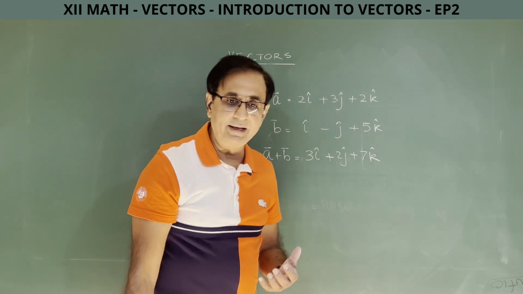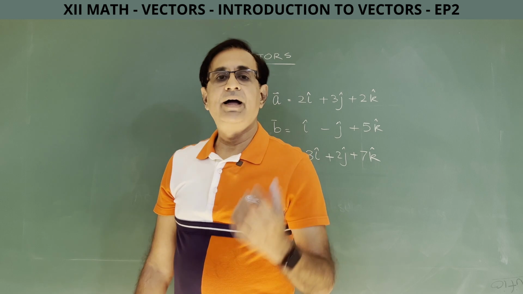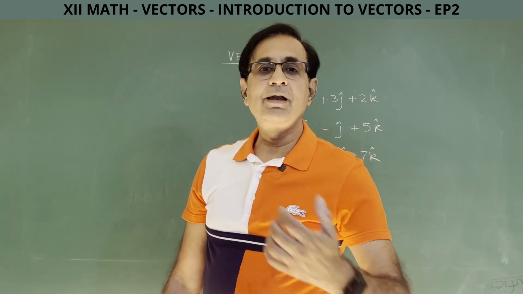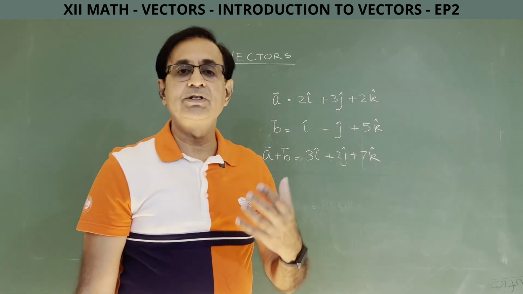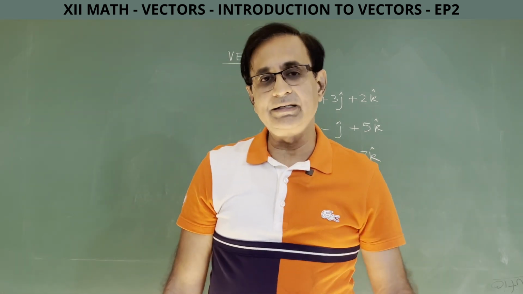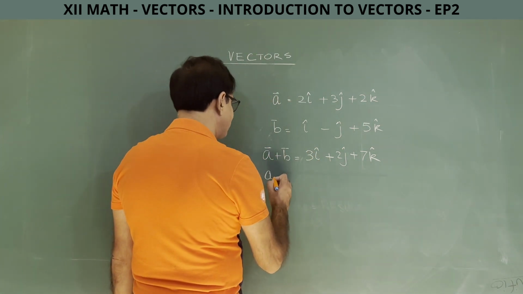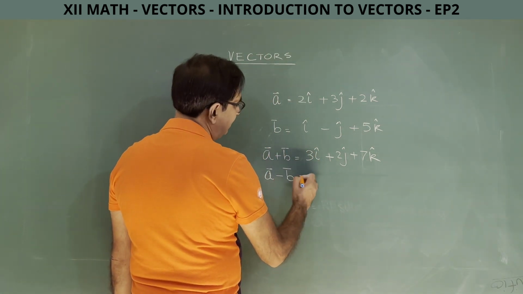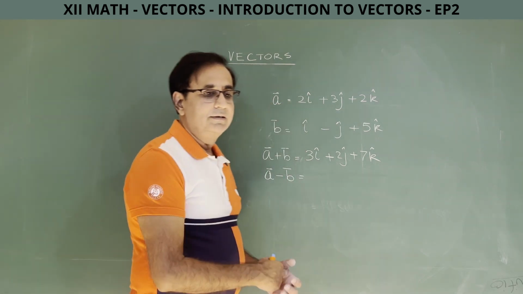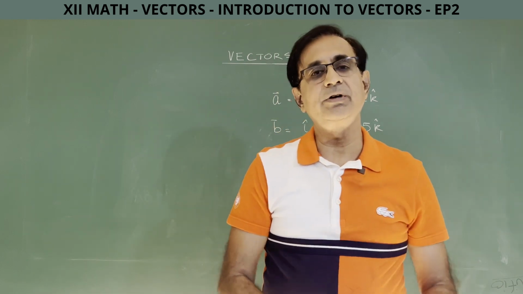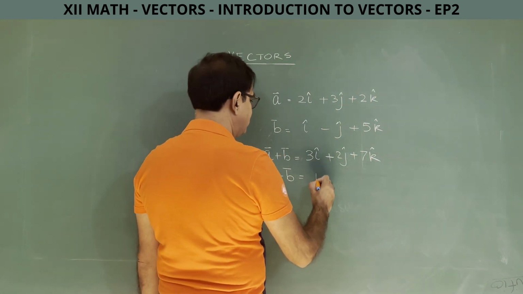You will be wondering why we are doing triangle law and parallelogram law of addition when adding two vectors is so obvious, it comes by itself even if nobody tells you. Similarly, if I ask what will be a minus b, every child will give me the right answer even without knowing the triangle law or parallelogram law of addition.